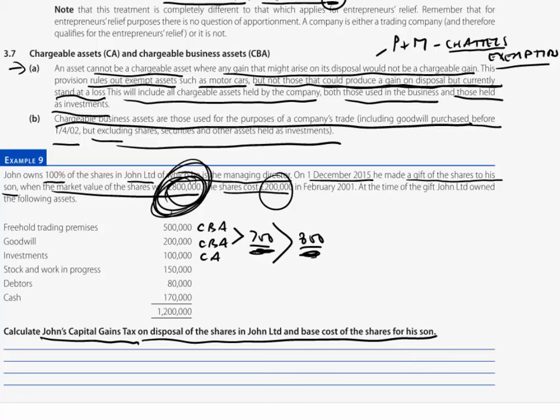That meant that there would be no immediate chargeability, but the gain would be deferred until a future point in time. But now we come to, I suppose, the best of all possible reliefs, and that is an out-and-out exemption.